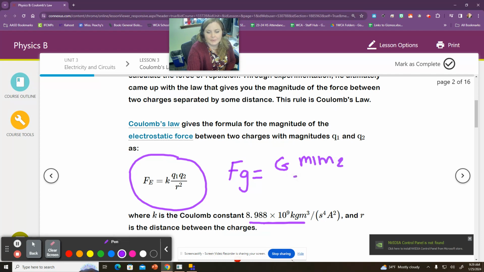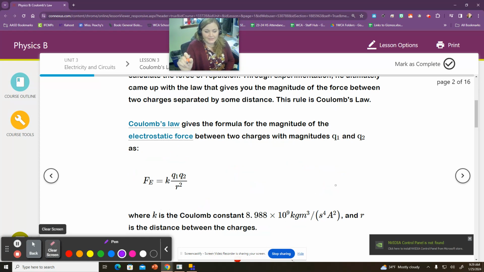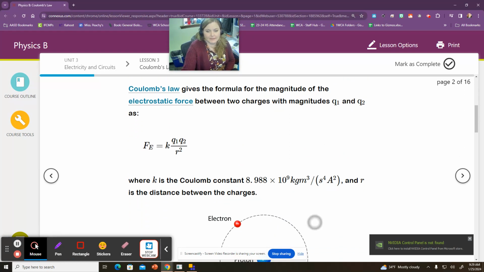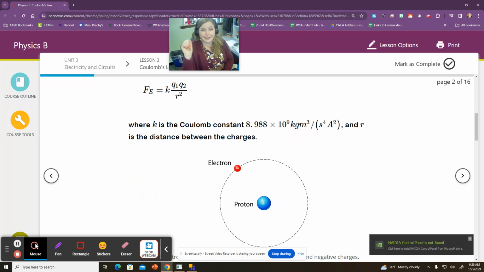You might remember this formula, very, very similar, almost identical, but you just have the strength of the charges instead of mass, and the constants are different, right? So that's what makes it different. Obviously we're talking about something completely different, but we can use gravity as an analogy when we talk about electrostatic forces.